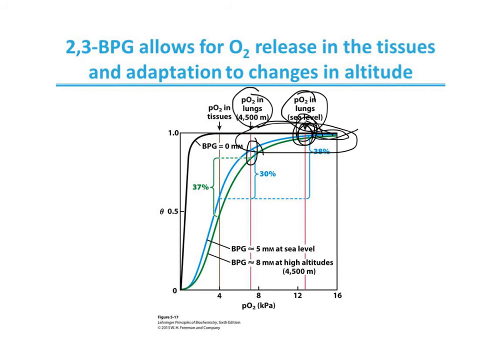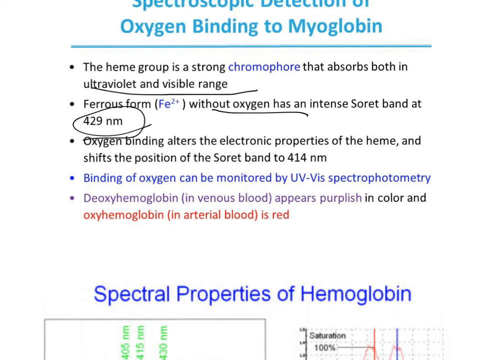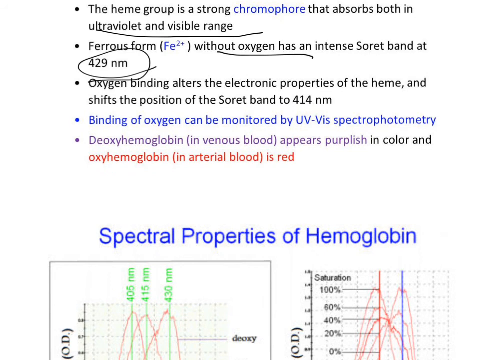When we go back to that initial video that I showed you, I mentioned before that people can study hemoglobin by looking at its spectroscopic UV-vis absorbance. The Fe+2 form without oxygen has a nice absorbance band at 429 nanometers.